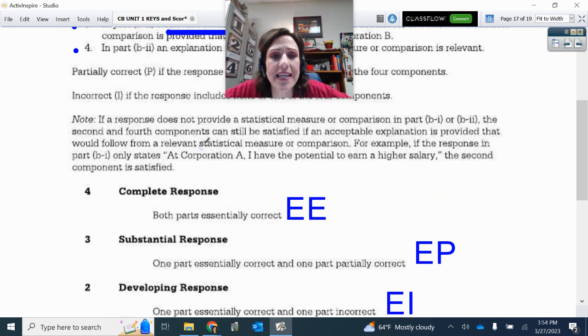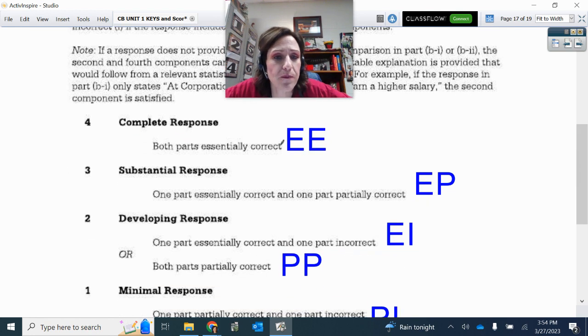So you had to say something about the specific idea, mathematical component in the box plots to get full credit. So if both parts were in E, you got 4 points.